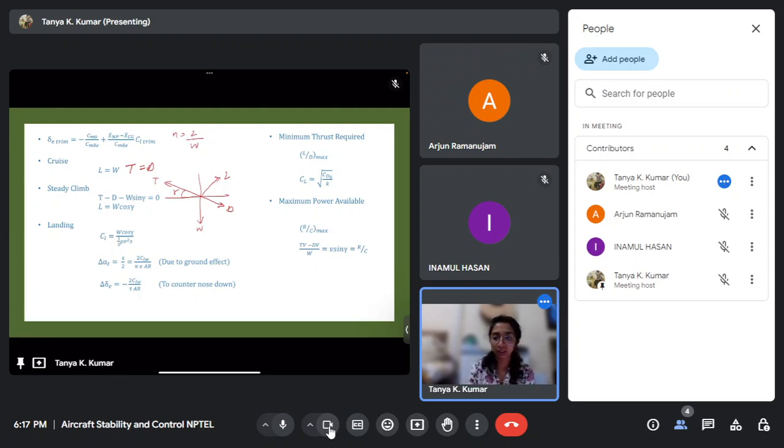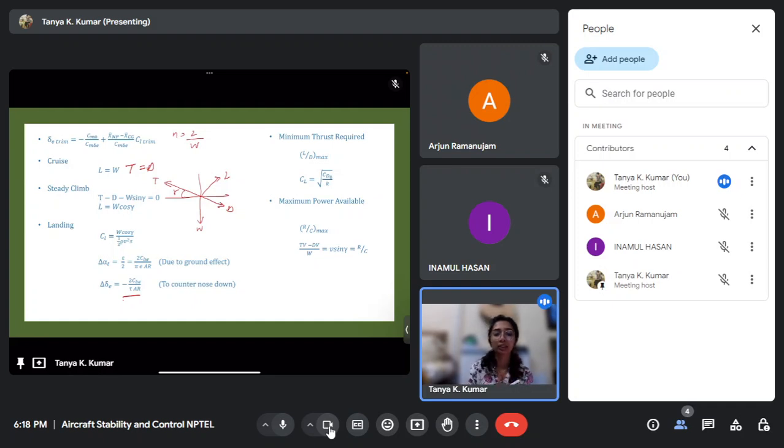The change in effective angle of attack at the tail is epsilon by 2, and we know the epsilon formula. Due to this change in angle of attack, there is a nose down moment. To counteract that, we need to deflect the elevator by some amount. That delta E is given by this last formula.